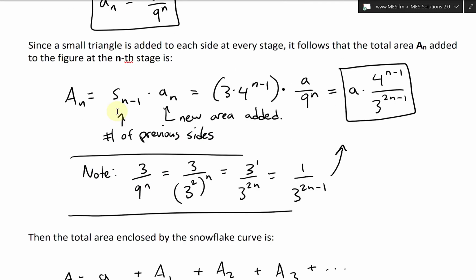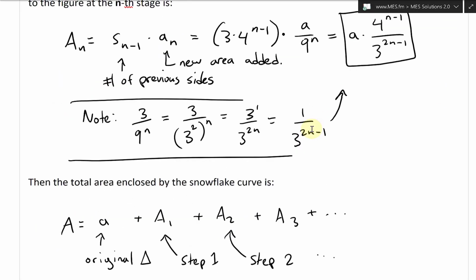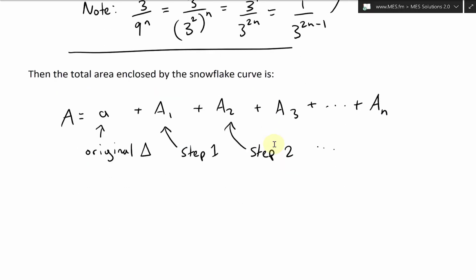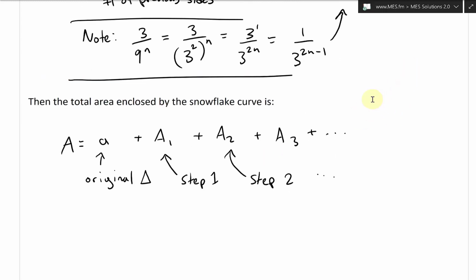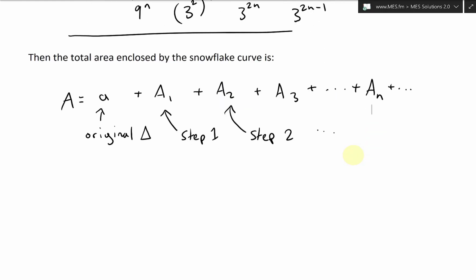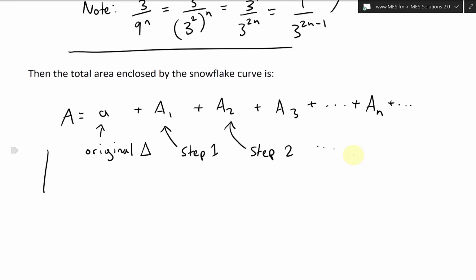And each step is this a_n that we're adding. Well, actually, we're not going to n, we're going to infinity, so it just keeps going on. So you could just write a_n and then plus dot dot dot, etc.